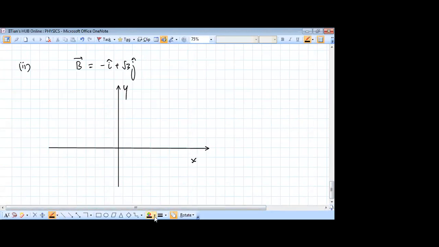That vector would look something like this. Minus i cap, the unit vector along the negative x direction, let's say like this, and plus root 3 j cap, the vector of magnitude root 3 along the y-axis.